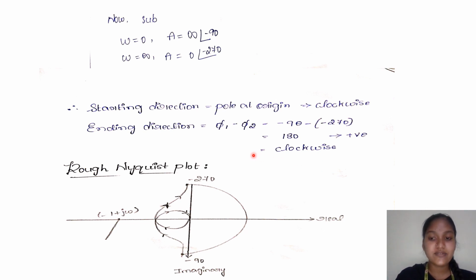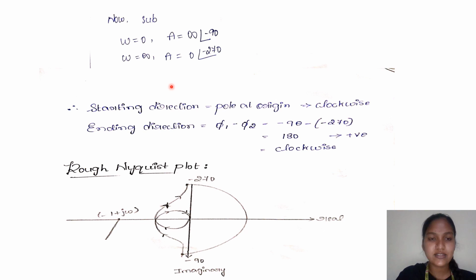So from these values we have to plot a graph. So, a rough diagram of the Nyquist plot. The first one is A is equal to omega at the angle of minus 90. So here is the minus 90. It starts from infinity and ends at 0, so this will move like this.